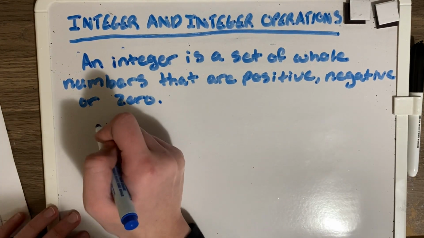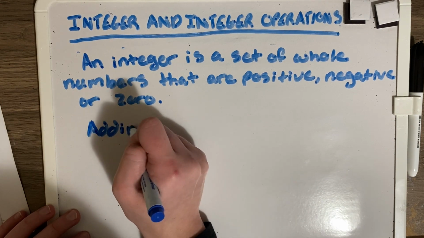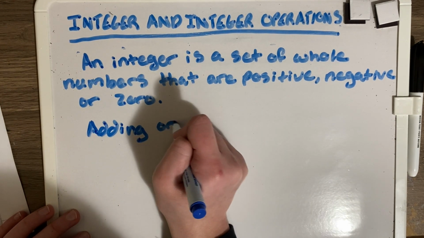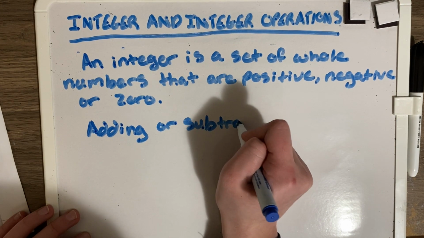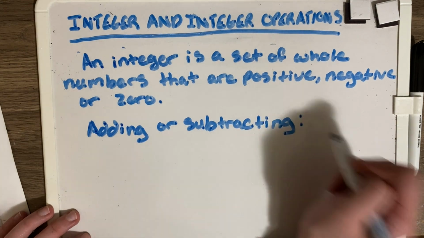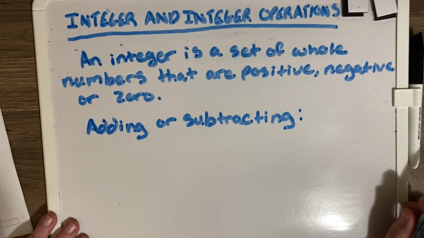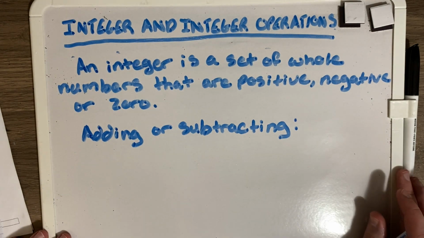The first set of formulas involves adding or subtracting integers, also known as combining integers. The first rule might seem like the obvious rule, but we're going to mention it anyways.